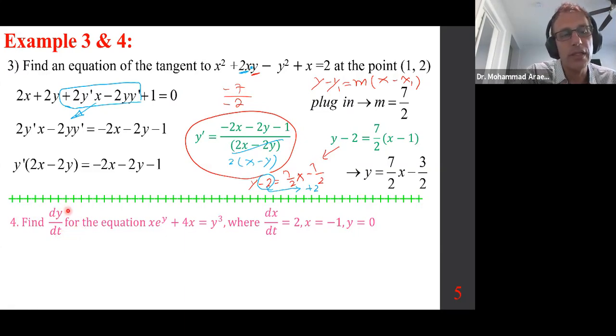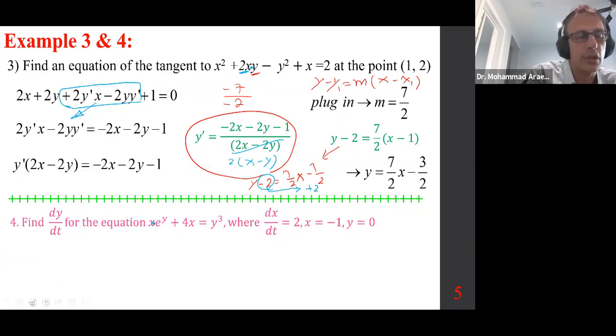So we want to find dy/dt for the given equation where dx/dt is given, x is given, and y is given. Okay, everyone? So with that being the case, we can put a raised dot between x and e to the power of y.